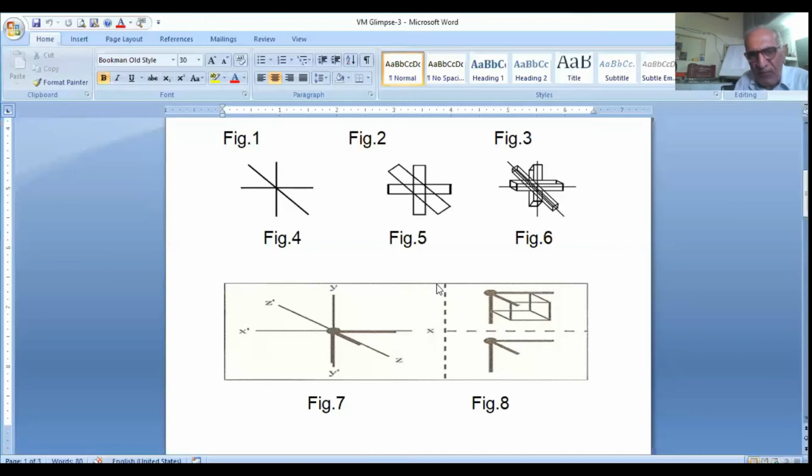So if we have a fresh look at figure 7, then the one part xy, this part of the three-dimensional frame, is in the corner point and is inward, means towards the center. The other half of the three-dimensional frame of figure 7 is outside the cube.